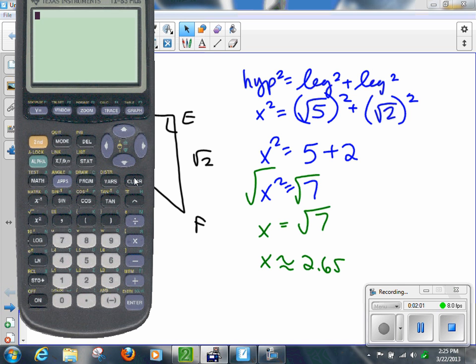Does that make sense to you? So I would leave it as the square root of 7, and it is approximately 2.65. Okay?